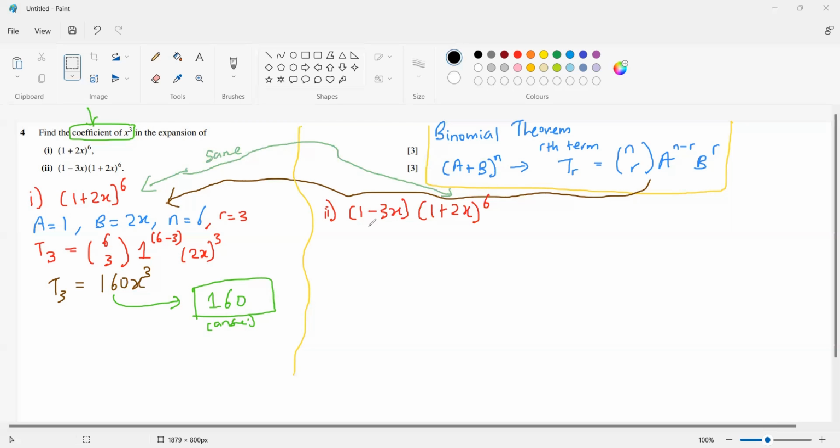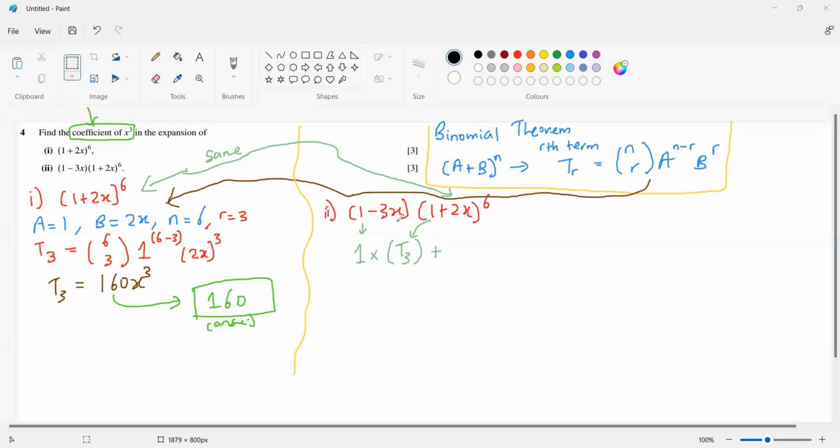There are only two ways here. We can either take the term of power of x from here, because it's only 2, x and this. Let me start with the 1 first. The number 1 will be multiplied with the T3 from here. Did you notice that? Why T3 from here? Because the third term will have the power of 3.